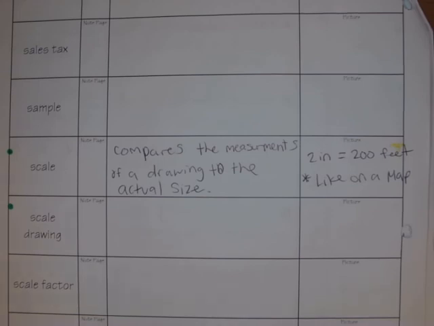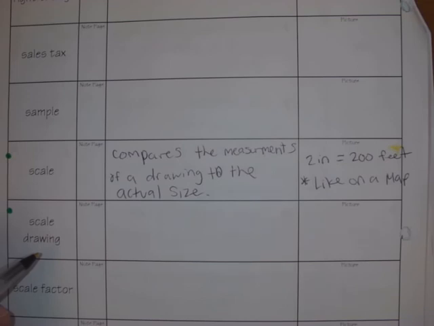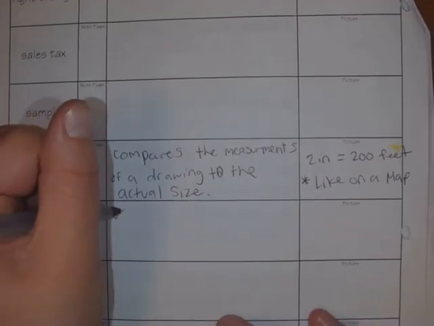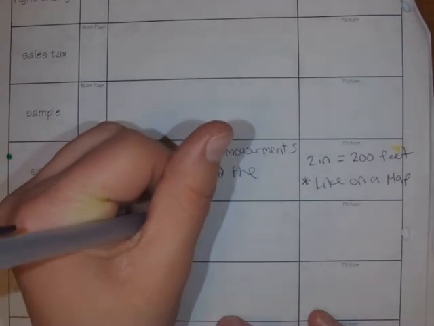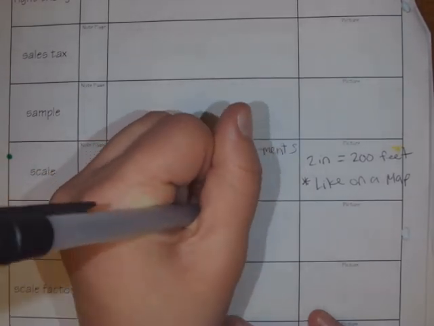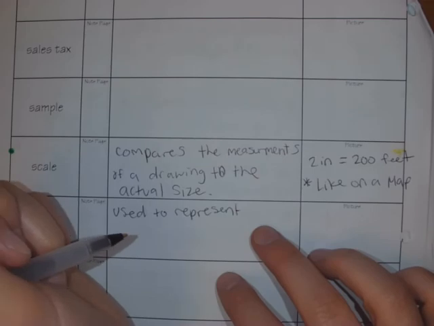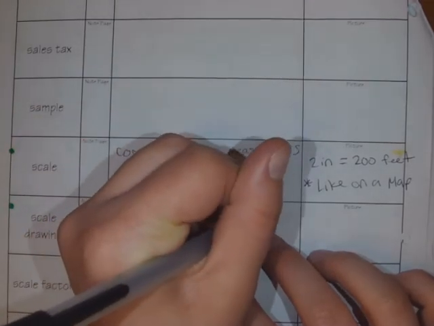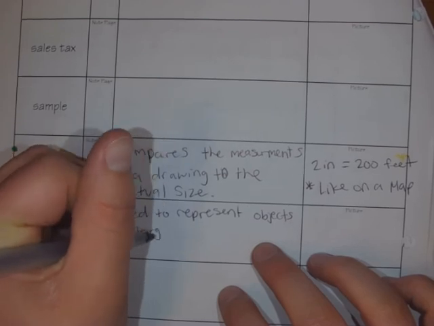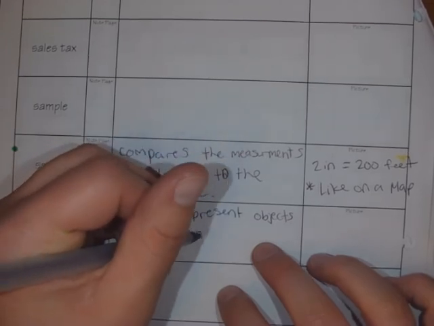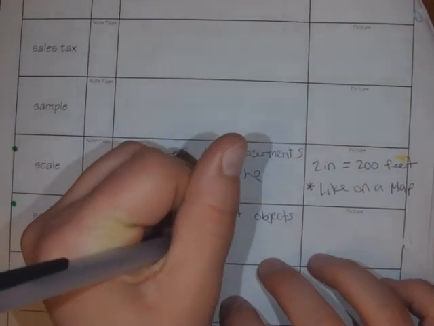And then a scale drawing is used to represent objects that are too large, or too small, I guess. You could use small to be drawn.